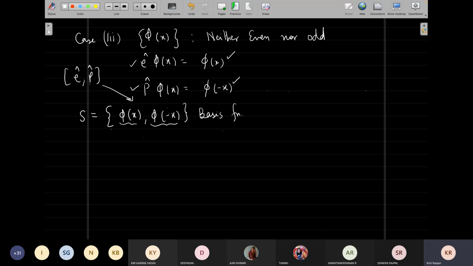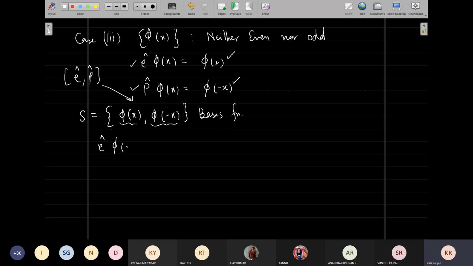Even before proceeding, if a basis has two vectors, what will be the dimension of the matrix representation of E? An operator in a basis with two functions will be 2 cross 2, right? You already know that. But let's see whether you can write down the matrix.